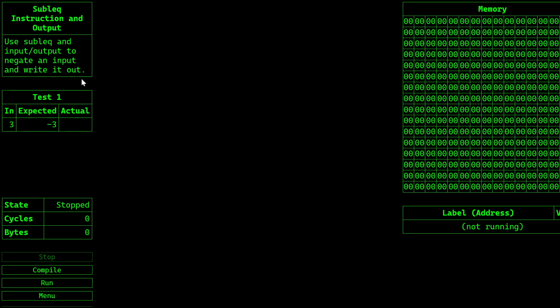Okay, so negate an input. We could say at 0 .data 0, right? And now we have a byte in memory whose value is 0. And then we could say subleq of at 0 from at in.